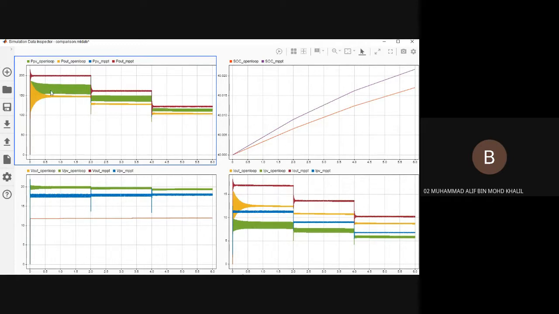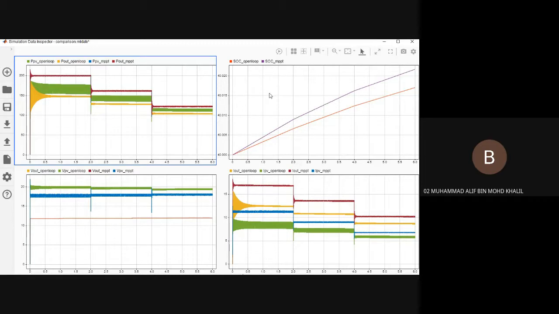The power also has a high delta P. If you can see, the peak to peak is very high compared to the PPV and P out of the MPPT algorithm.